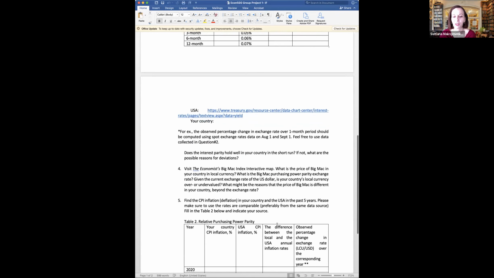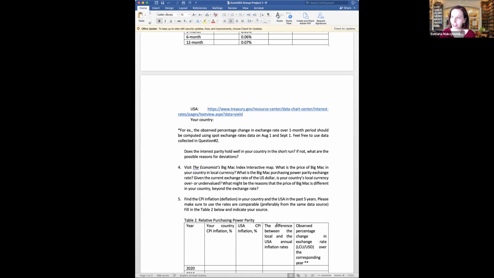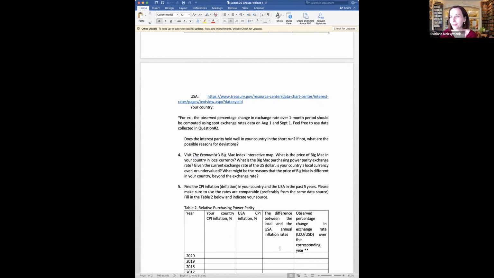And finally, the last two questions within the International Finance Report ask students to explore the Big Mac Index and judge the purchasing power parity of the country. It's probably one of the most exciting tasks that students told me they perform as part of the International Finance course.